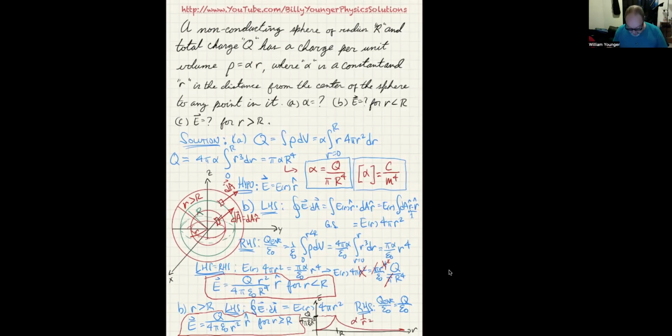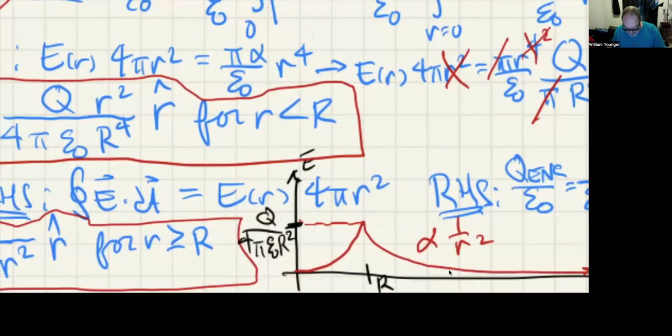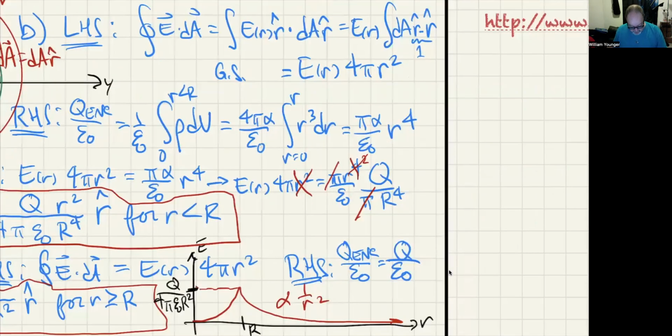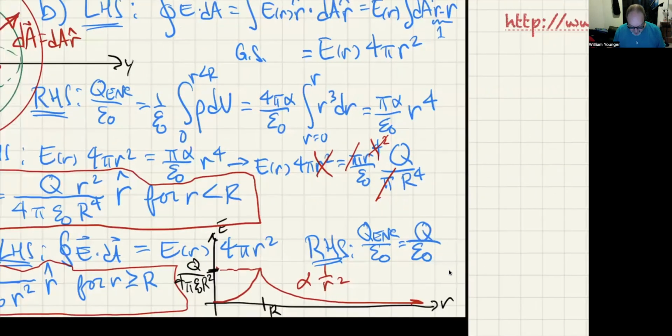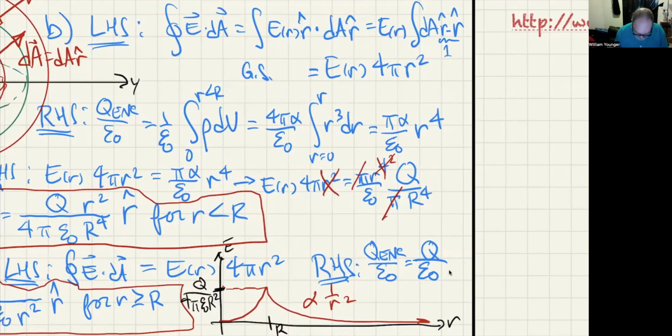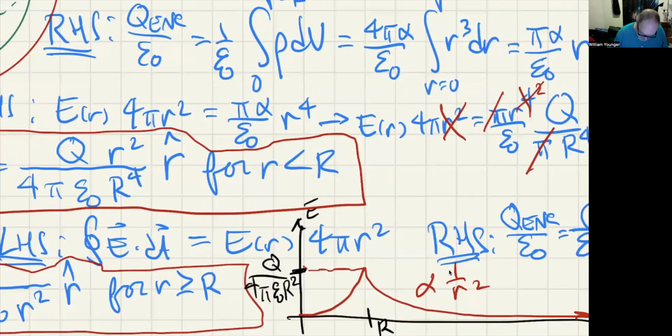And that's what the magnitude of the electric field will actually look like as a function of position. I apologize for it being so small, but luckily that's the beauty of technology. We can zoom in on it all we want right here and say, oh, wow, that's a really good looking graph, Mr. Younger. So anyways, we have that. That's definitely a 4 pi there. Let me make that a little clearer now that I'm in this small frame.